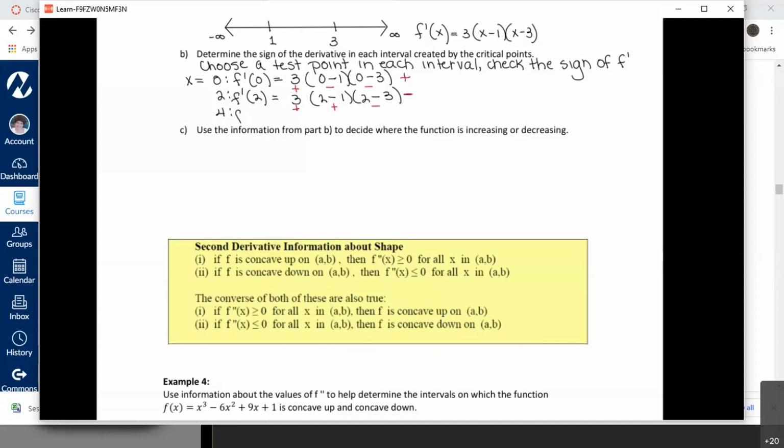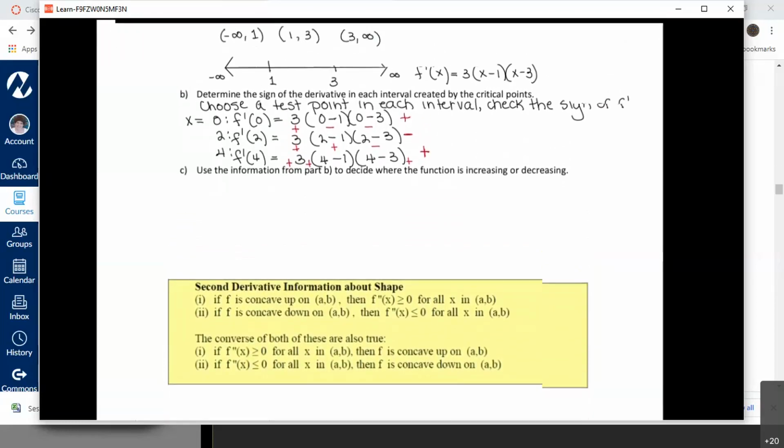And the last one, I'm going to plug in the 4. That's 3, 4 minus 1, 4 minus 3. You can tell here everything is positive, so this one's positive.